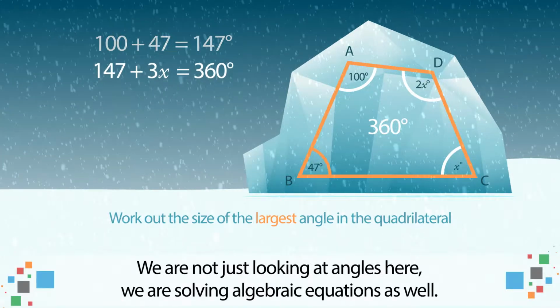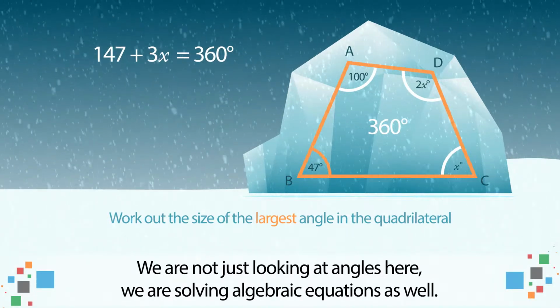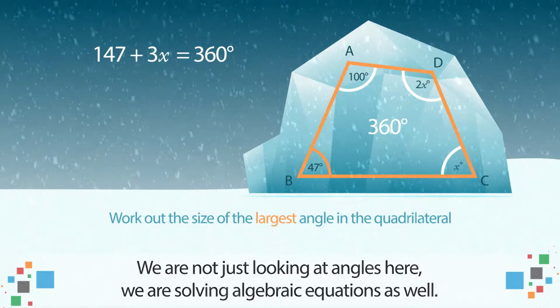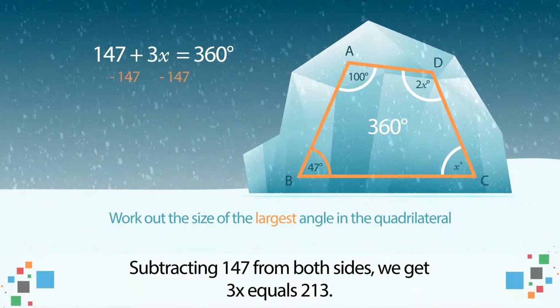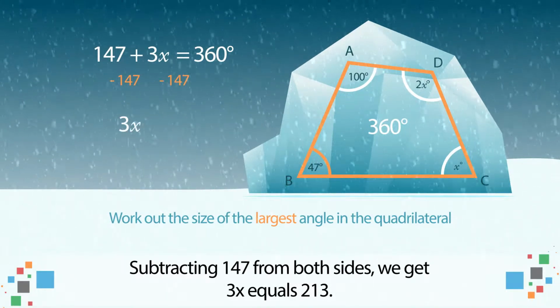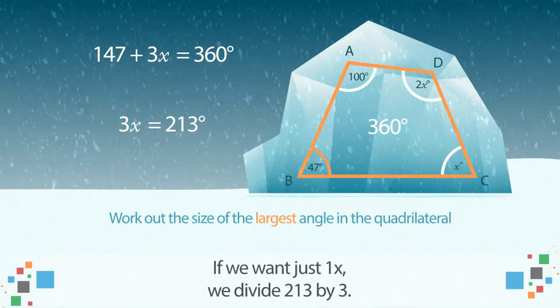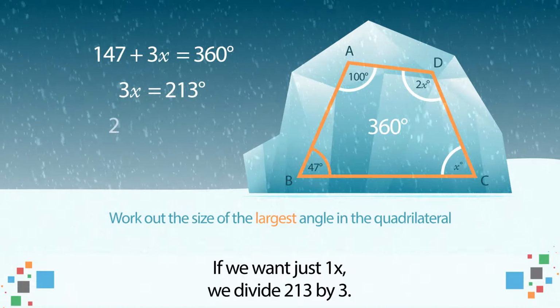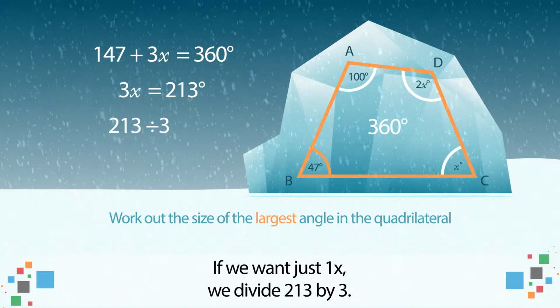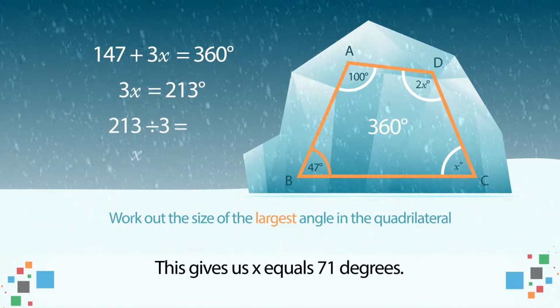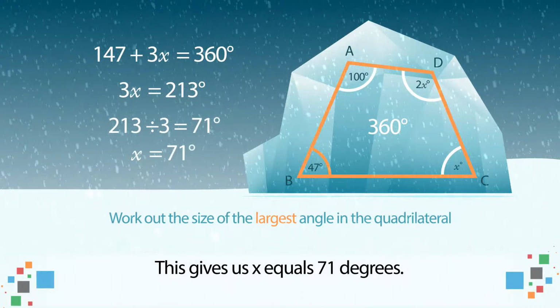We are not just looking at angles here, we are solving algebraic equations as well. Subtracting 147 from both sides, we get 3x equals 213. If we want just one x, we divide 213 by 3. This gives us x equals 71 degrees.